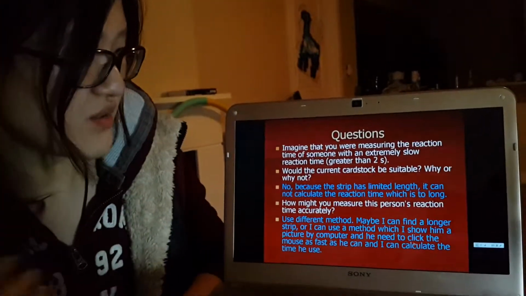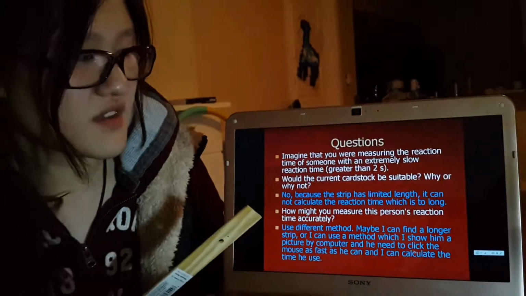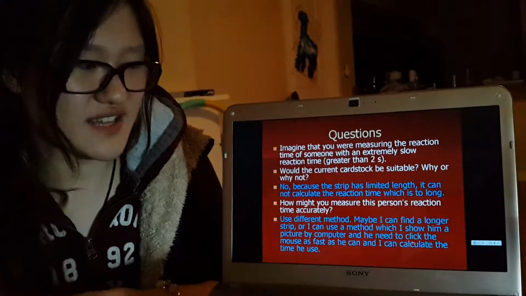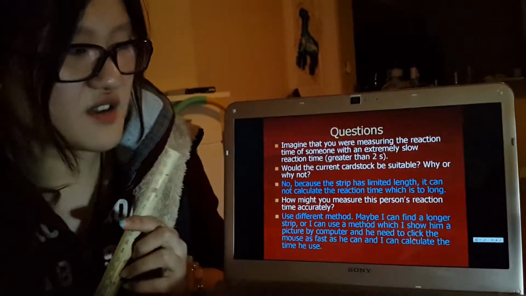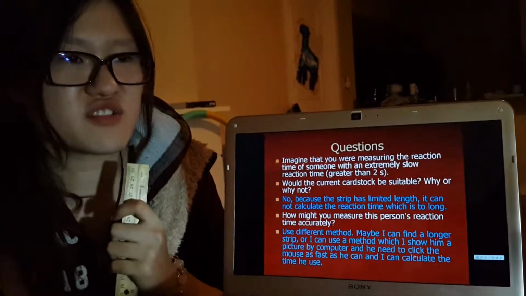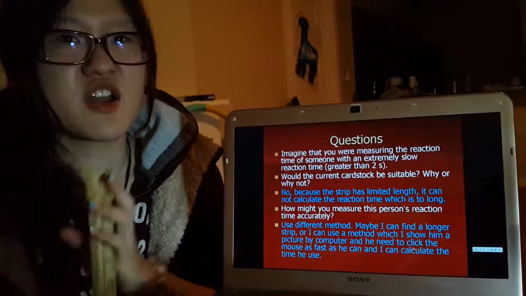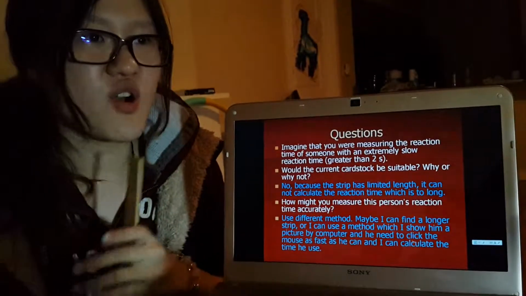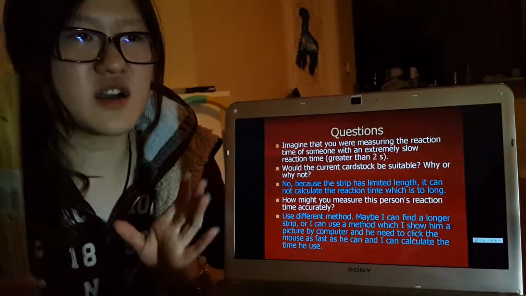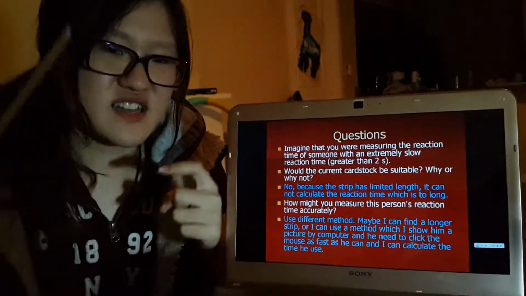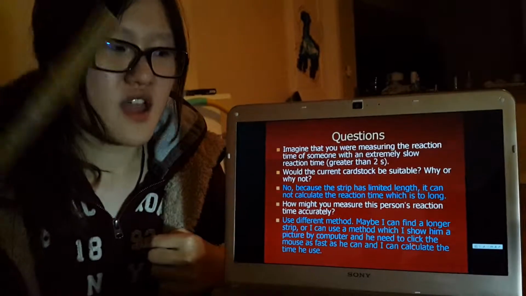For the next question, for some people whose reaction time is greater than 2 seconds, the strip I use right now cannot measure his reaction time well, because this strip is not long enough. I cannot calculate people with a long reaction time with this short strip.